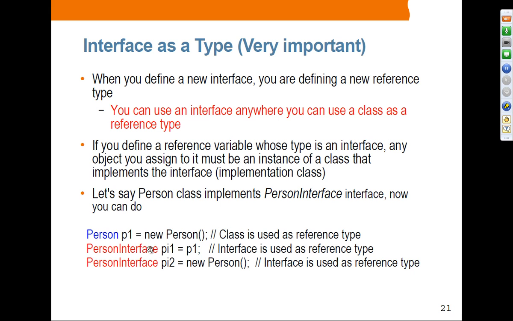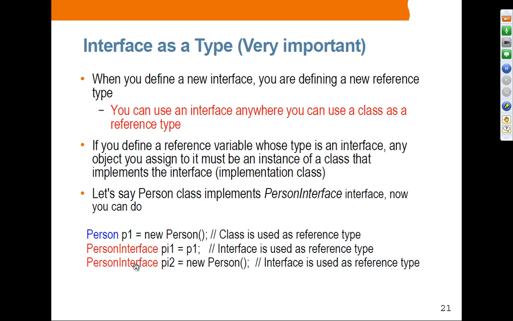So I create a Person object instance, and then I can assign it to a Person interface type, and I can create the Person object and assign it to the Person interface type directly like this. Here in the first line, the class is used as a reference type. Here the Person interface is used as a reference type, and here too the interface is used as a reference type.